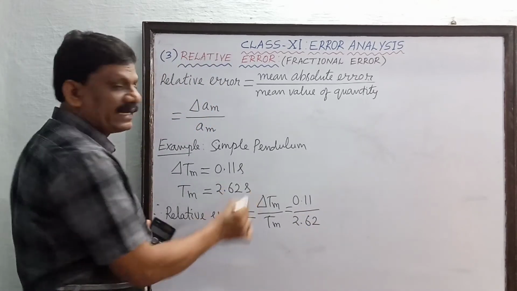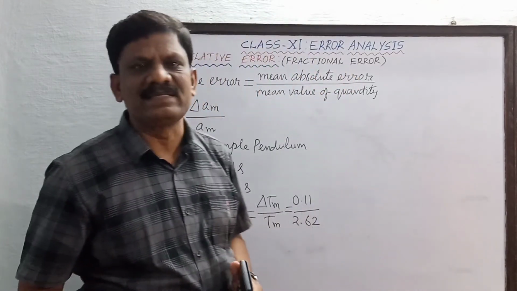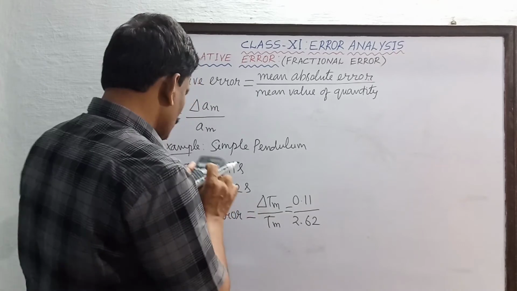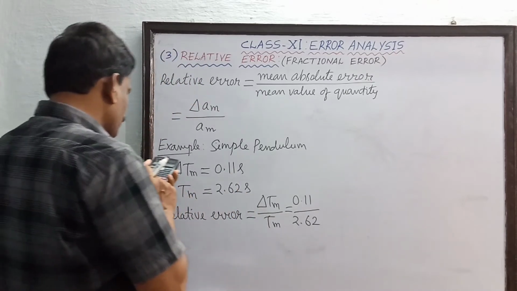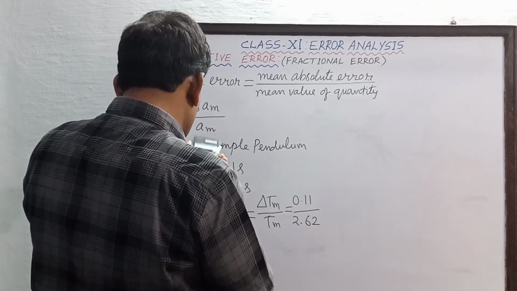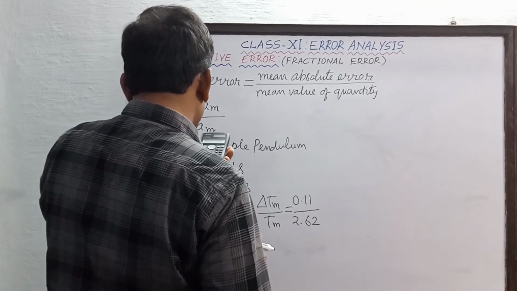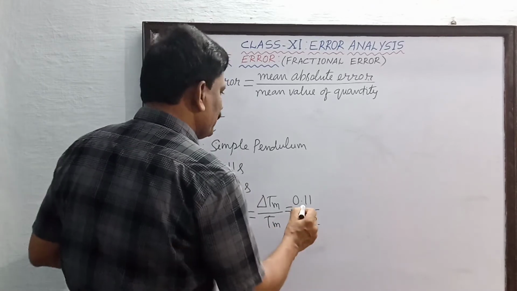Both are in seconds, so they will cancel out. 0.11 divided by 2.62 is equal to 0.0419.